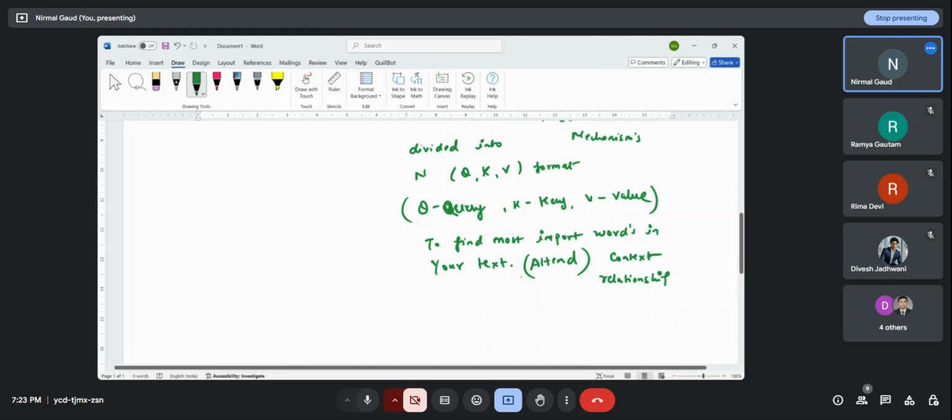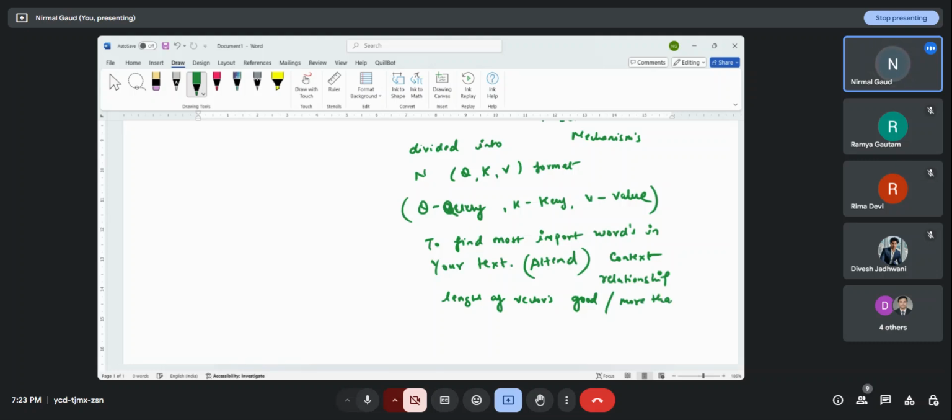We also have a longer sequence length compared to RNNs, because in RNN the sequence length is less, but here the sequence length, or window, is more.